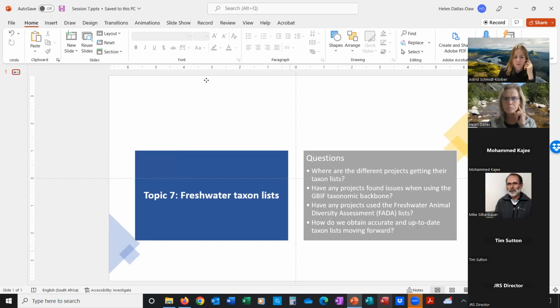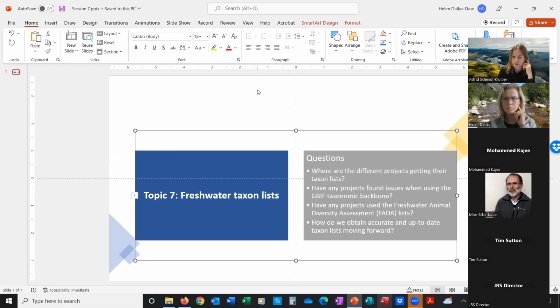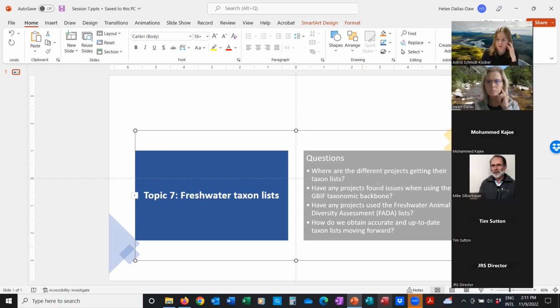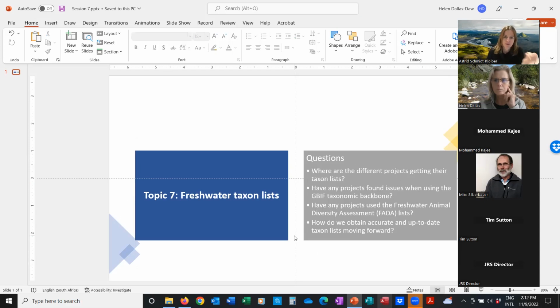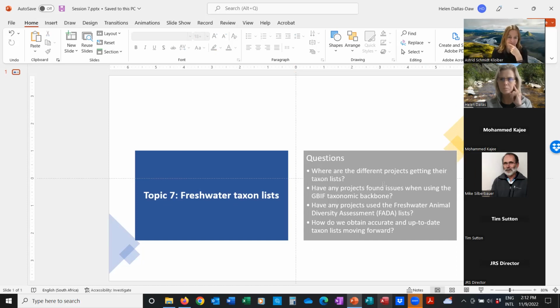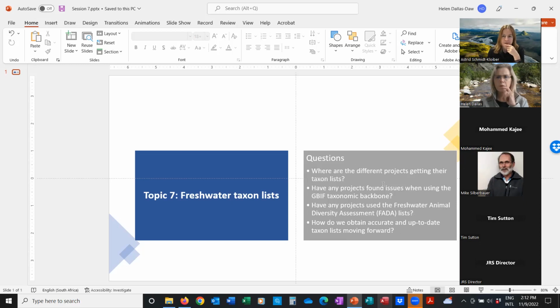That is why we used the FADA lists, and also because the Belgians, who are the producers or editors of these FADA lists, were involved in our project where we set up the Freshwater Information Platform. So it was logical to use those lists, and they were readily available at that time because they were produced in 2006.